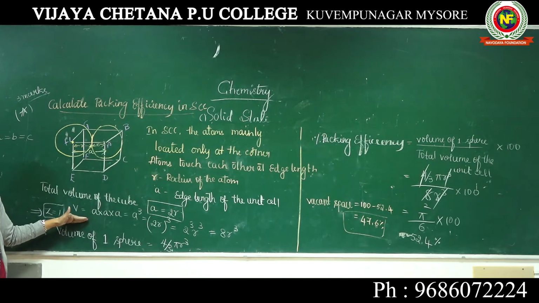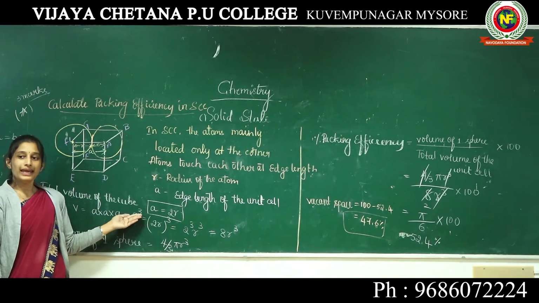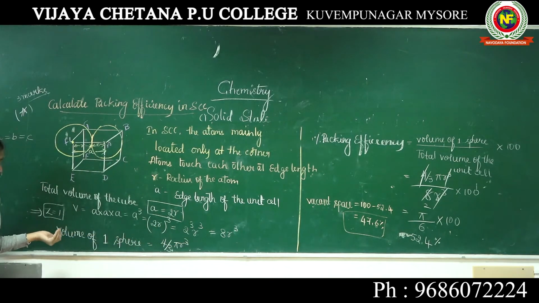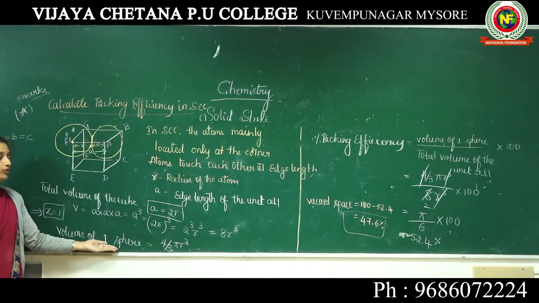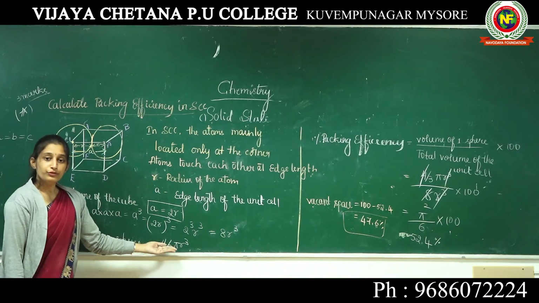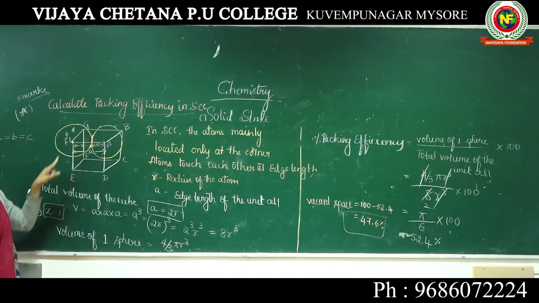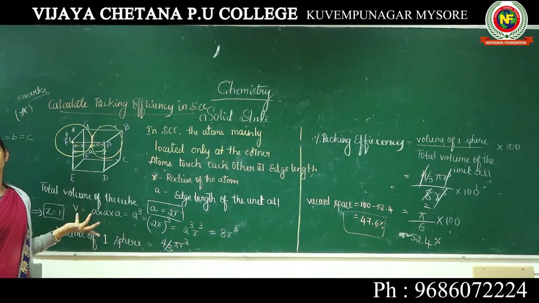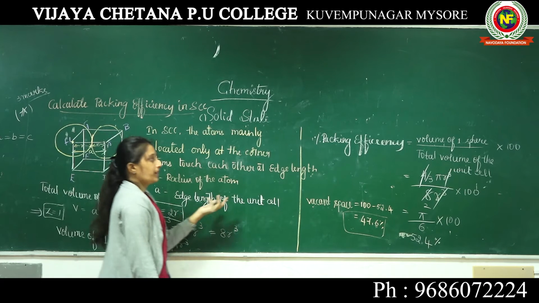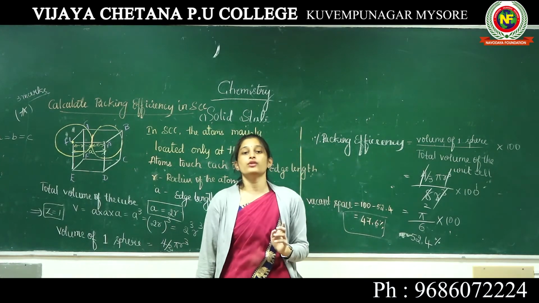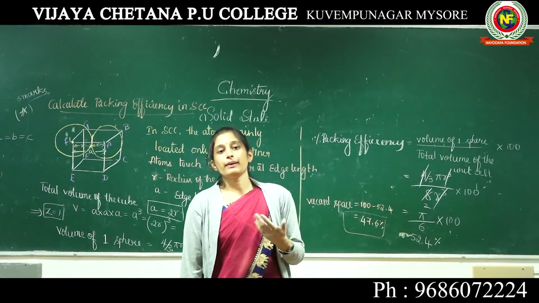So volume is equal to a cube. a cube value is 8r cube. Volume of one sphere is equal to 4 by 3 pi r cube. It looks like a sphere, how much does it occupy? Volume. Packing efficiency formula you know: volume of one sphere divided by total volume of the unit cell, multiply by 100.